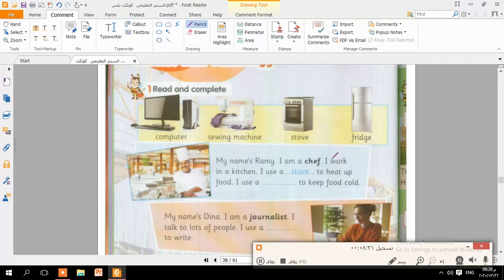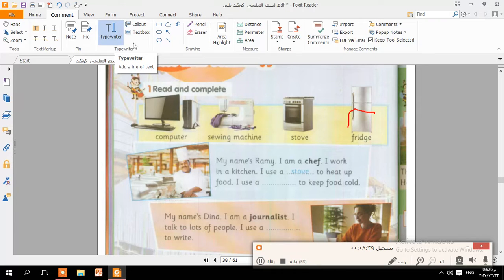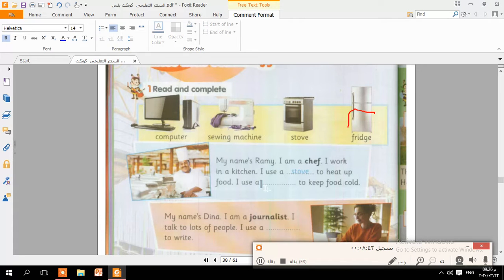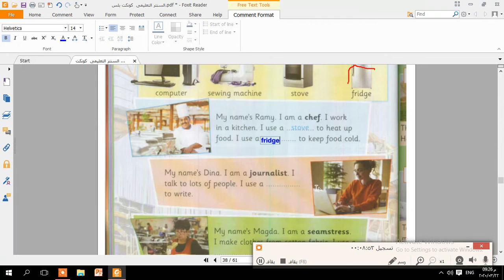I use a fridge. So we will write the word fridge. I use a fridge to keep food cold.